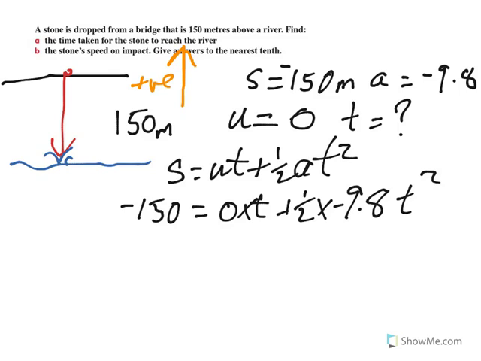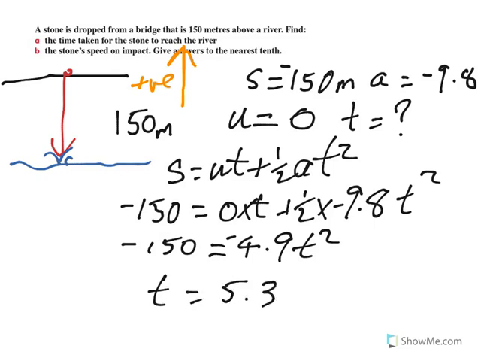And then it's a matter of rearranging, divide by negative 4.9 and then square root, and you find that the time is 5.53. The question asks to the nearest tenth, so it's 5.5 seconds.